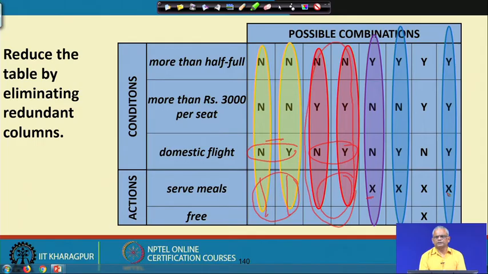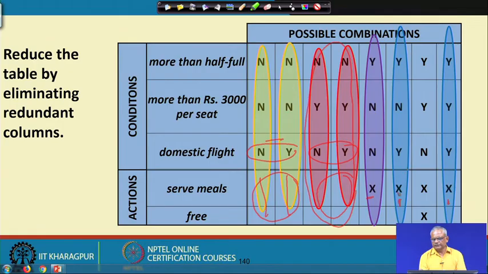Okay, we have this here, the same action here, but then we can combine either these two, having the same action, or we can combine this rule with this rule.